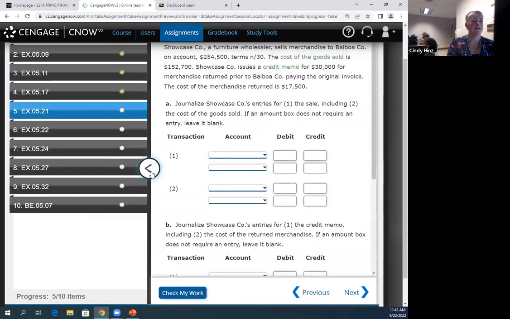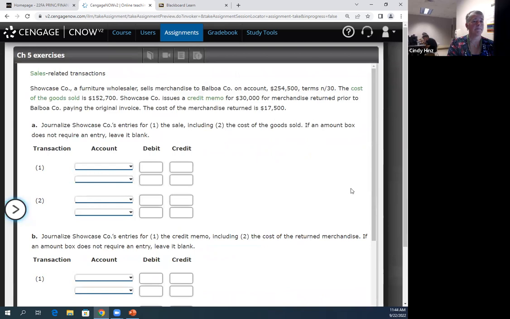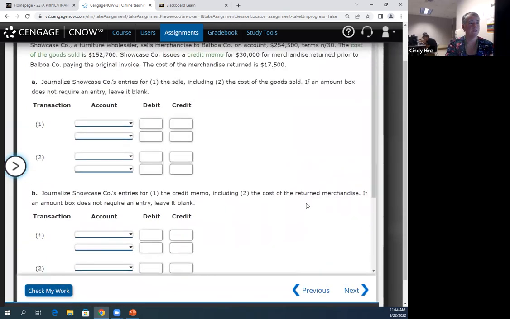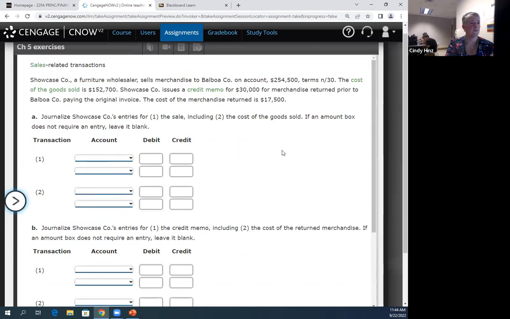Look at one last exercise for today, and then we'll be in good position to finish up the chapter on Tuesday. So in this exercise, we have Showcase Company's entries for Balboa.